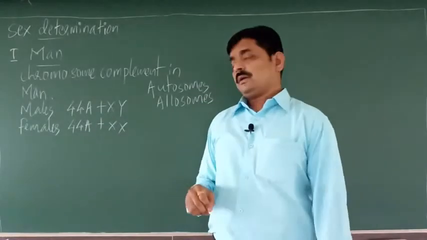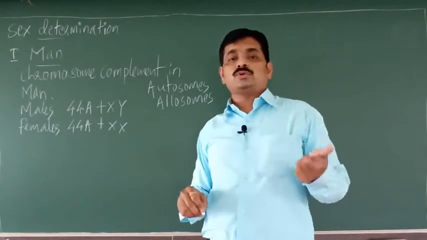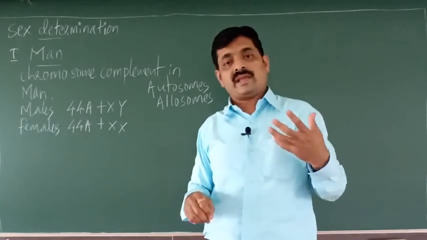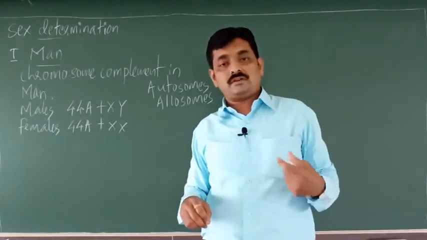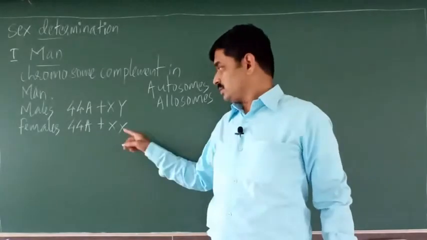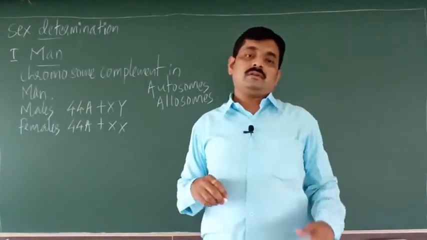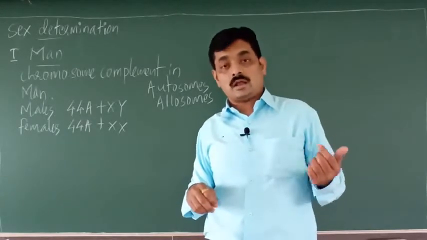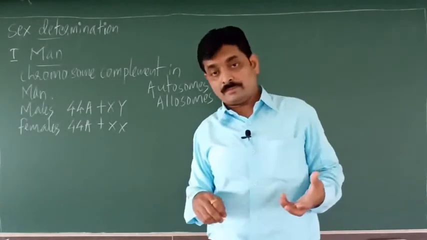Now here, males produce two types of gametes, that is, two types of sperms, whereas females produce only one type of eggs, or one type of female gametes or ovum.